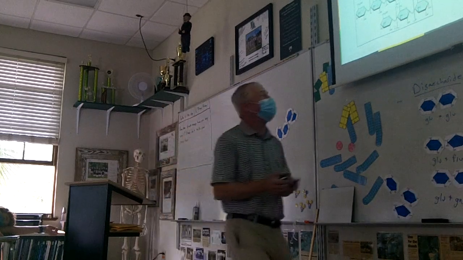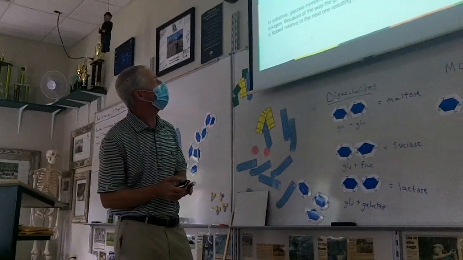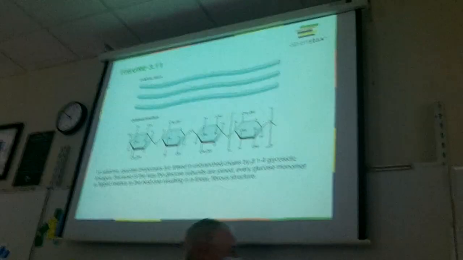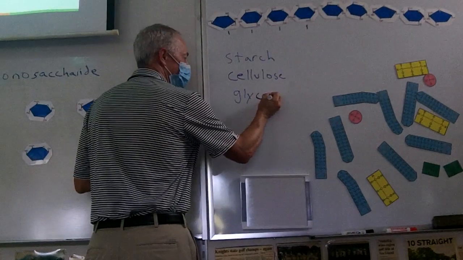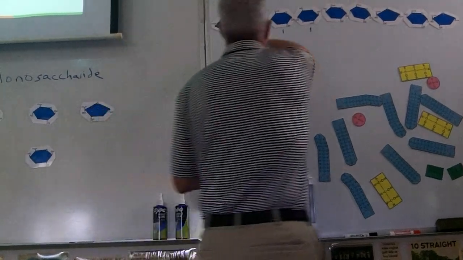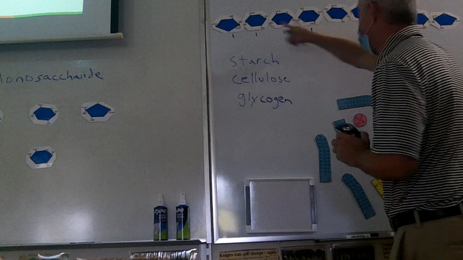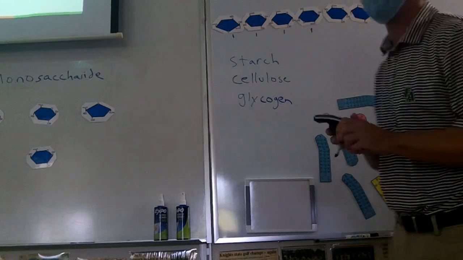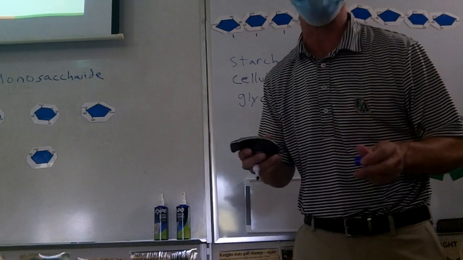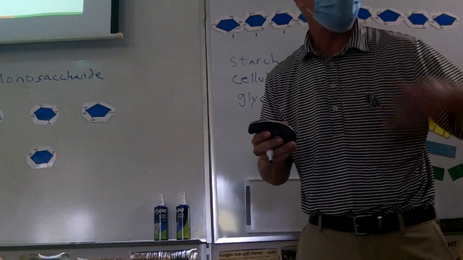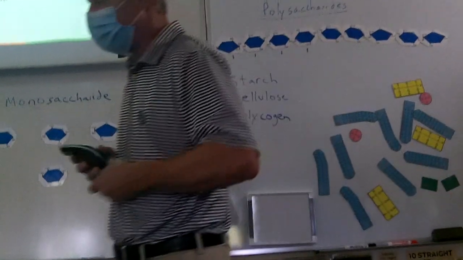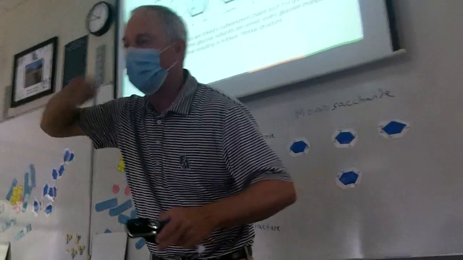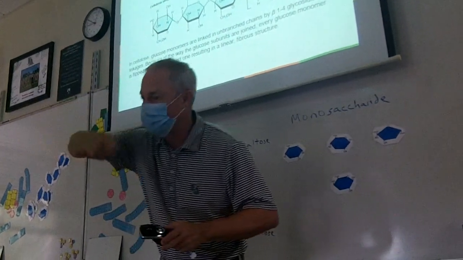Oh, so there's two other ones. There's cellulose, there's starch, there's glycogen. Glycogen also looks kind of like this. It's how sugar is stored in your liver. Now, after you eat, let's say you're just spooning out sugar like I do when I have my Rice Krispies.